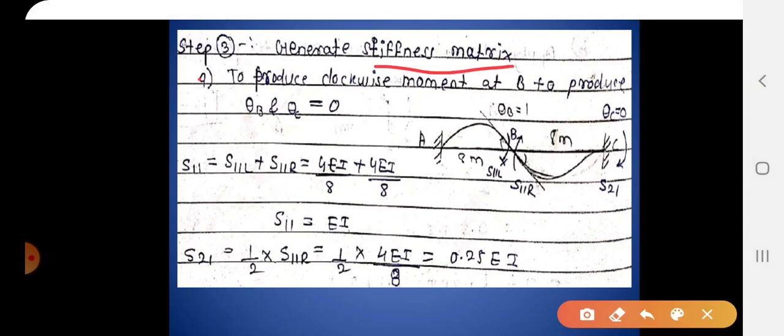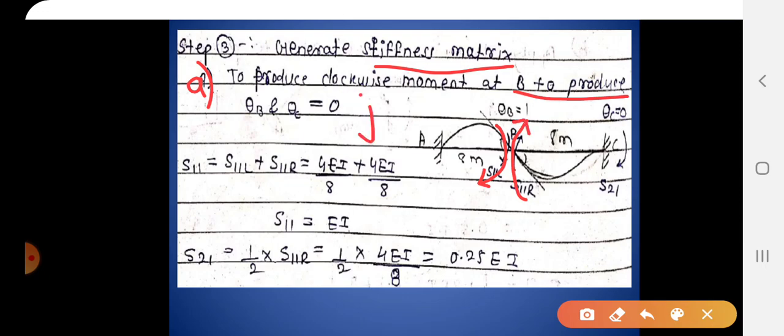Okay, now go to step 3, generate stiffness matrix. Okay, in that part A, what is first redundant? Theta B. We have to provide action at B such that theta will be positive. Okay, so for theta to get produced, we have to provide moment at B, clockwise for span AB and clockwise for span BC.